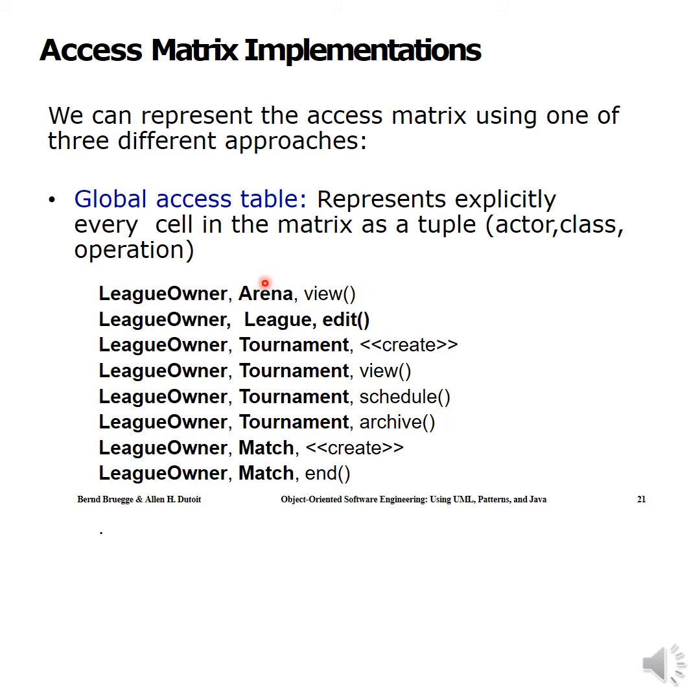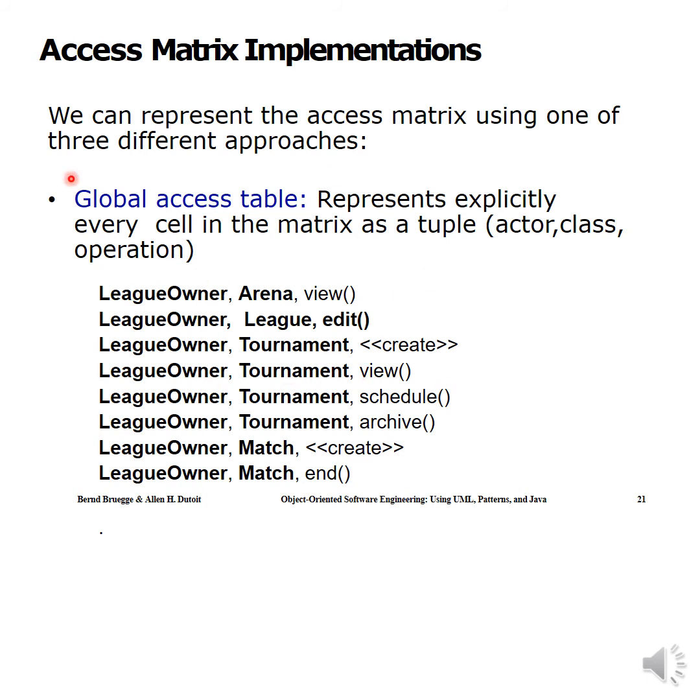So league owner is an actor and this actor can view arena, and league owner is an actor and it creates a tournament. It can view the tournament as well.